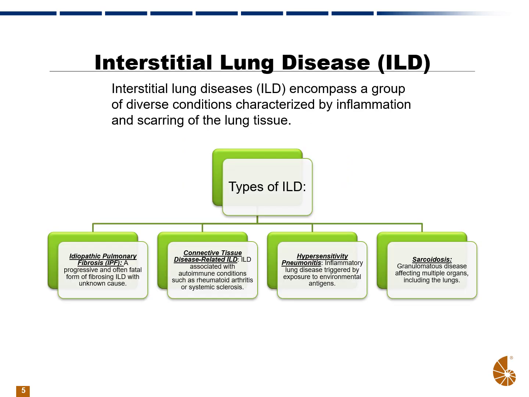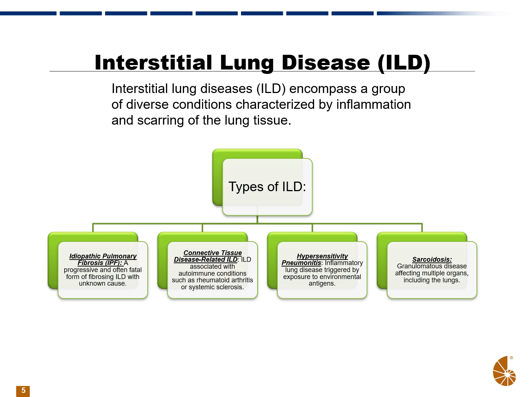So let's talk about the types of interstitial lung disease. They encompass a group of diverse conditions characterized by inflammation and scarring of the lung. So you have idiopathic pulmonary fibrosis, or IPF, a progressive and often fatal form of fibrosing interstitial lung disease of unknown cause.